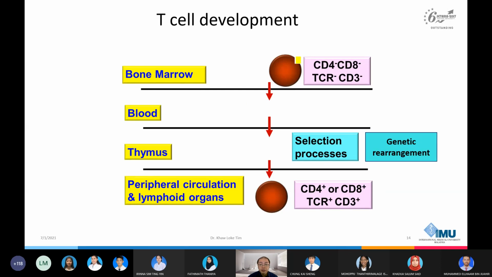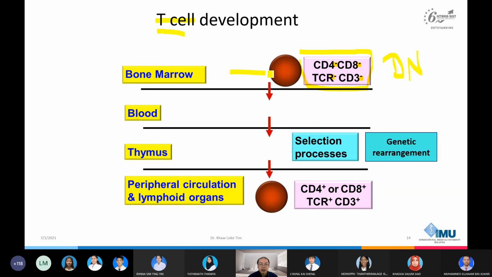As you can see here, from the bone marrow they start off as DN, double negative cells: CD4 negative, CD8 negative, T cell receptor negative. What does this mean? At this point, they still don't have the receptors, the cell surface markers necessary for them to be called T cells. So they just need to go to the thymus.